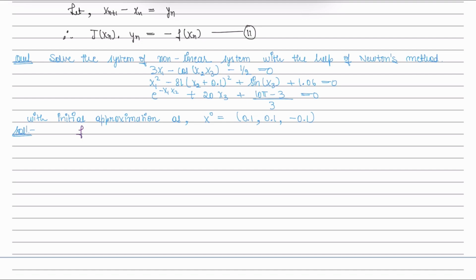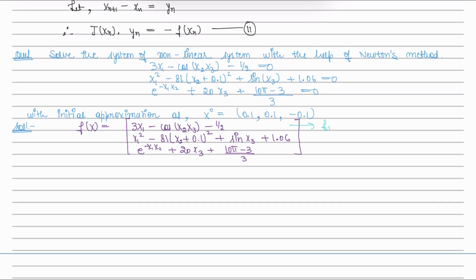Here we are given that f of x is equals to, since we have 3 equations, so this will be a 3 cross 1 matrix with entry as, let this be my function 1, this be function 2, and this be function number 3.